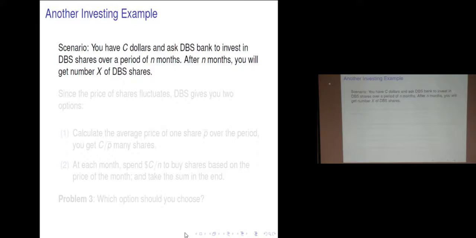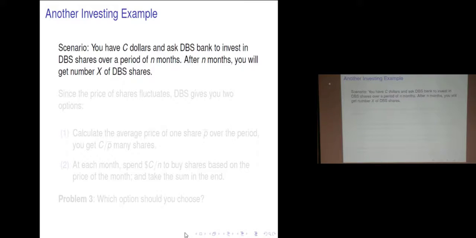So you ask, I don't know, my favorite bank, DBS, to invest in some shares. You want to invest C dollars over a period of n months. After n months, you don't get money, but you get a certain amount of shares as your return. Is the scenario clear?